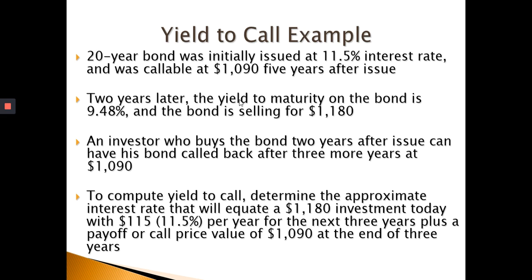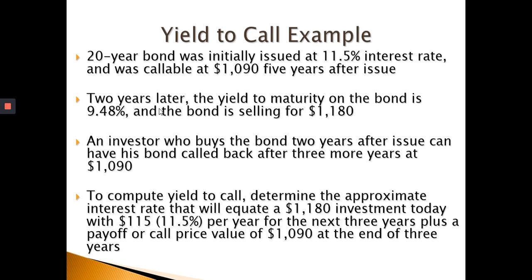Next you have N, right? So number of periods. Here it's a 20-year bond, but you can call it after 5 years of the issue, right? And this happens 2 years later.